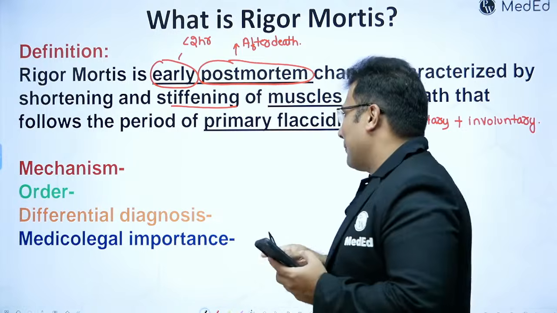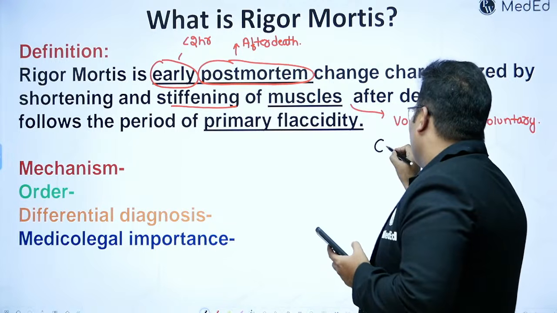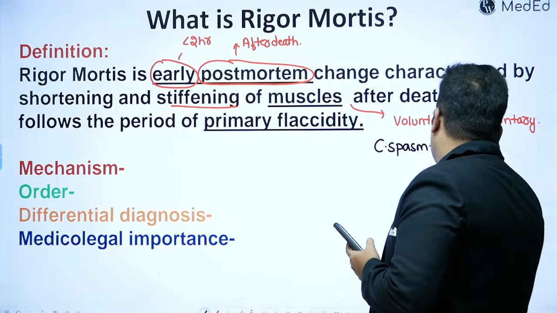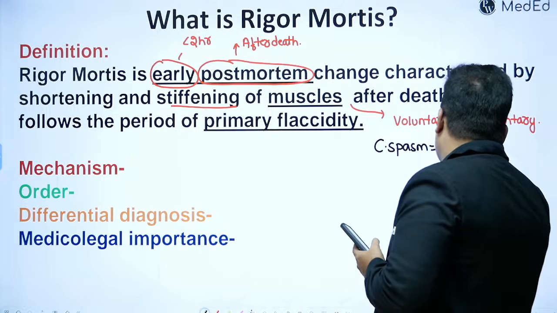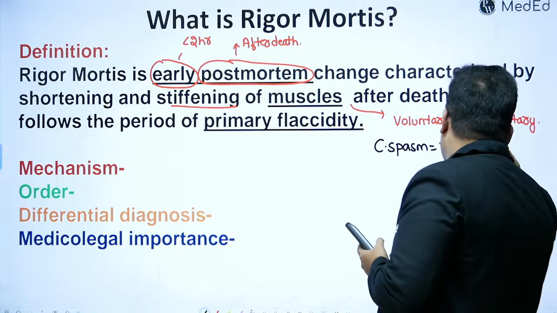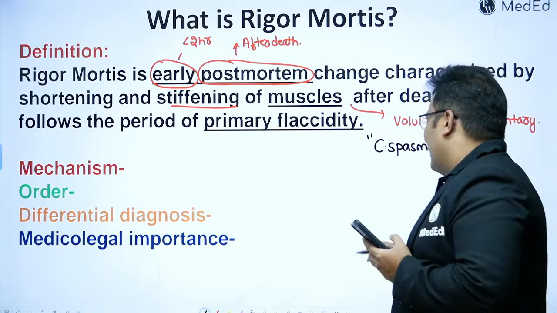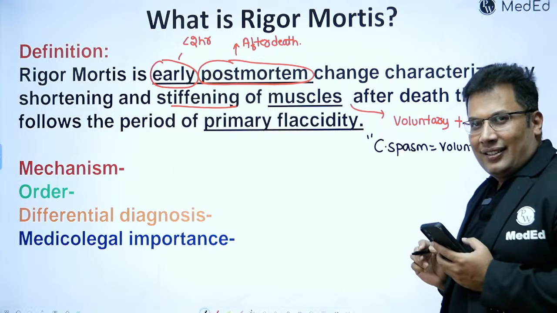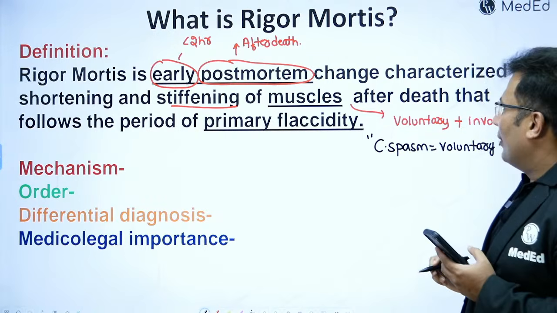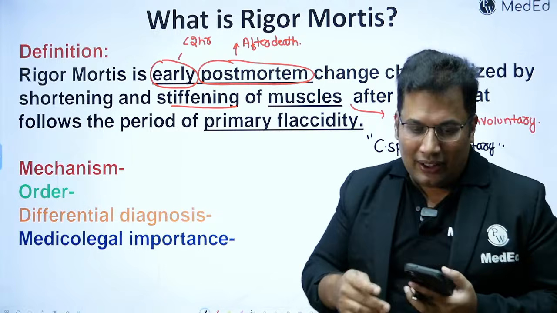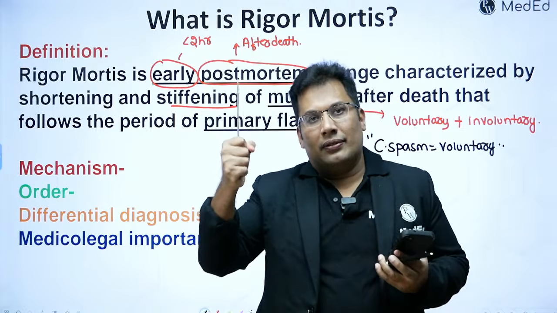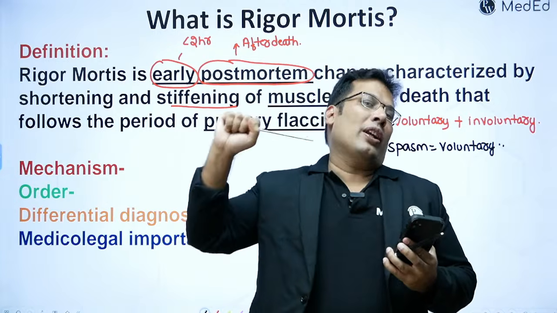So please write in the chat box: cadaveric spasm occurs in voluntary muscle. Very important funda. Now say, for example, a dead body like this, or holding some hammer like this.